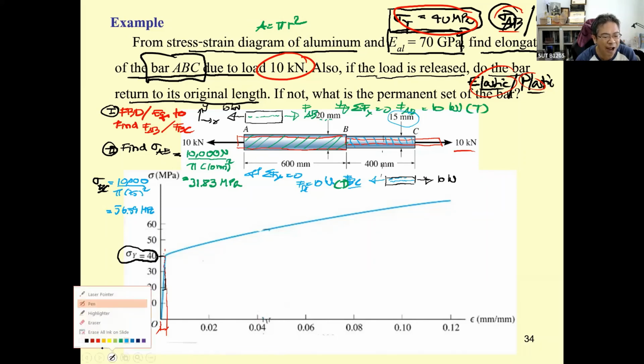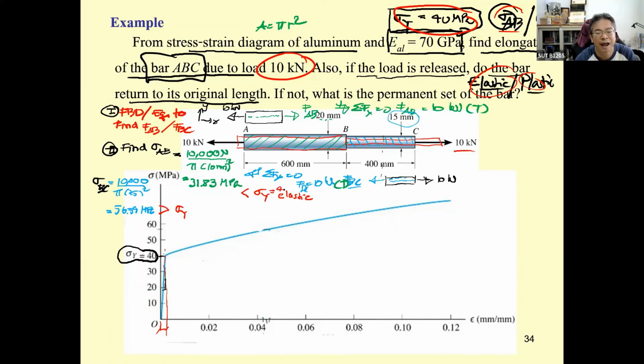What we have now is that this one is less than sigma sub y, but this one is larger than sigma sub y. This one is in elastic behavior because it's less than 40, but this one is going to be in the plastic behavior.